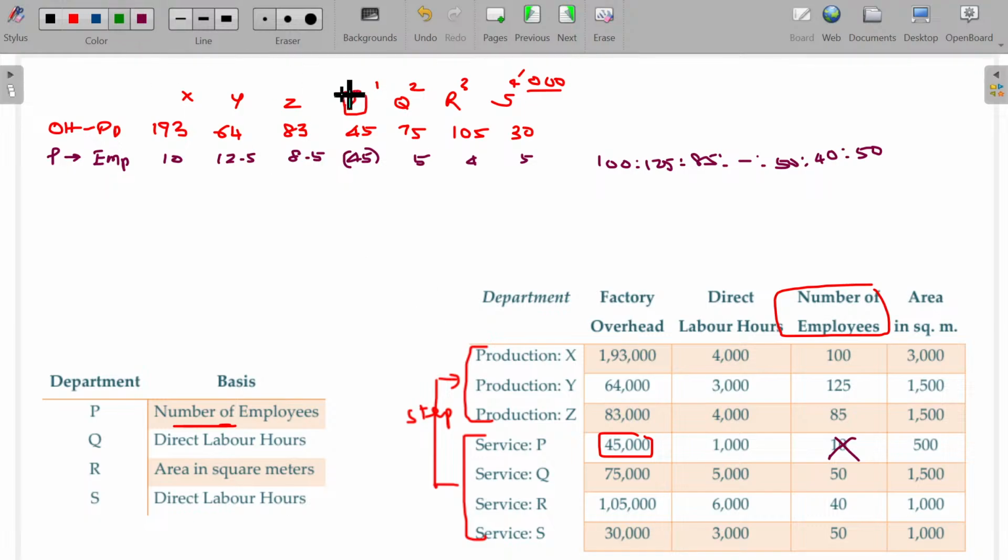Next, you have to distribute Q. In case of Q, direct labor hours will be taken. Its own will not be taken.